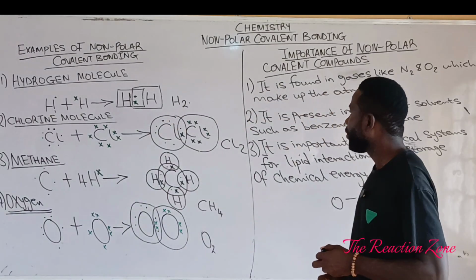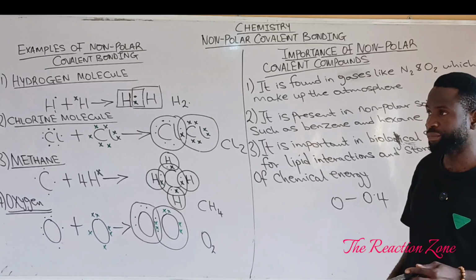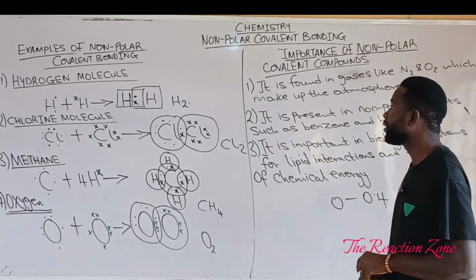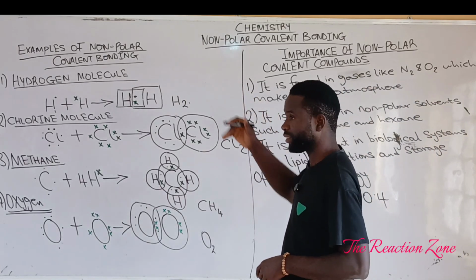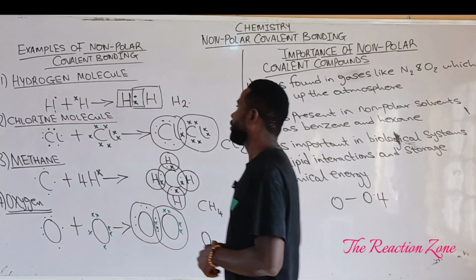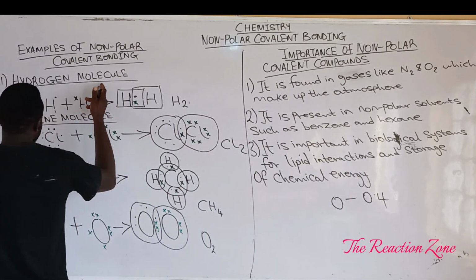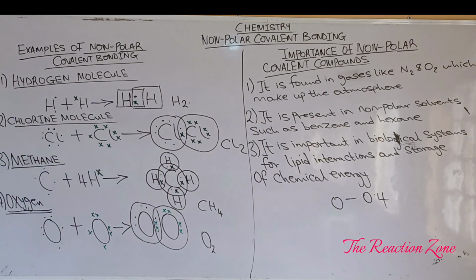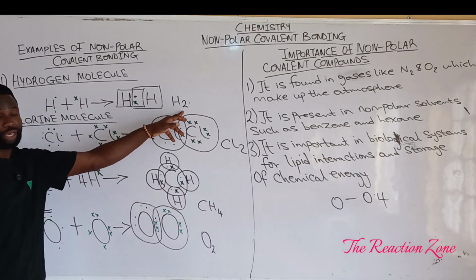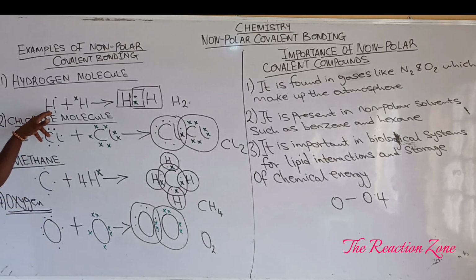Examples of compounds or molecules that are formed by non-polar covalent bonding are, 1. Hydrogen molecule. In a hydrogen molecule, two hydrogen atoms chemically combine to give you a hydrogen molecule, which is H2. Each of the hydrogen atoms has a covalency of 1.